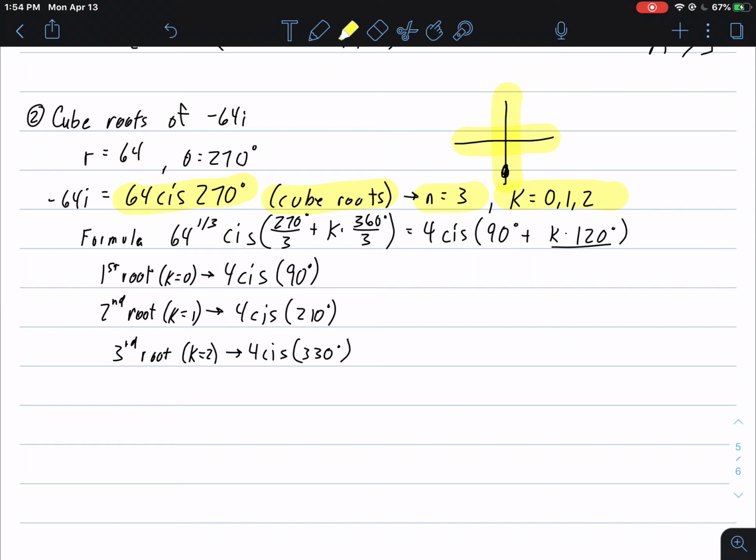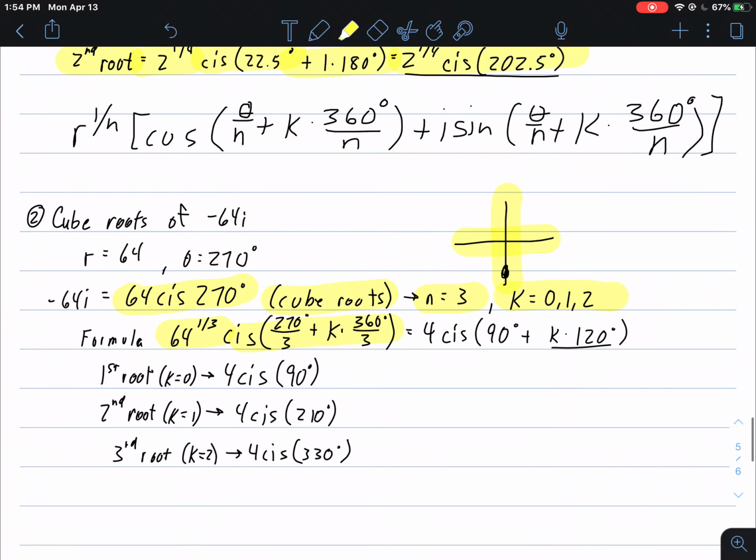So then our formula, there's r to the 1 over n, so 64 to the 1/3. There's our cosine plus i sine of theta over n. Back to my little formula up there. Theta over n plus k times 360 degrees over n, where n is 3 in this case.